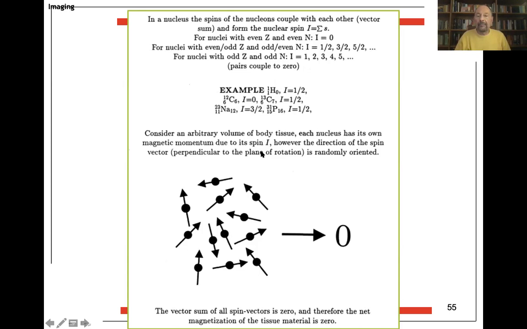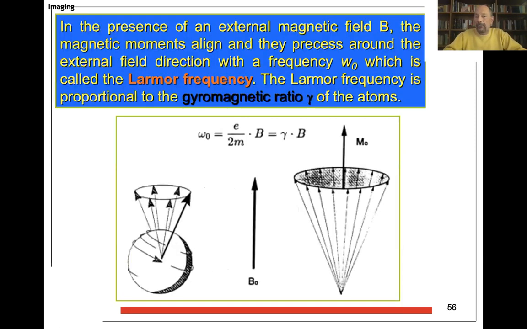So if we take an arbitrary volume of the body tissue, each nucleus has its own magnetic moment, but the direction of the spin is randomly oriented, so the total spin in every part of our body is always 0. There is not a specific magnetic field. This is, of course, well known from statistical mechanics. Now, the idea is to impose an external magnetic field.